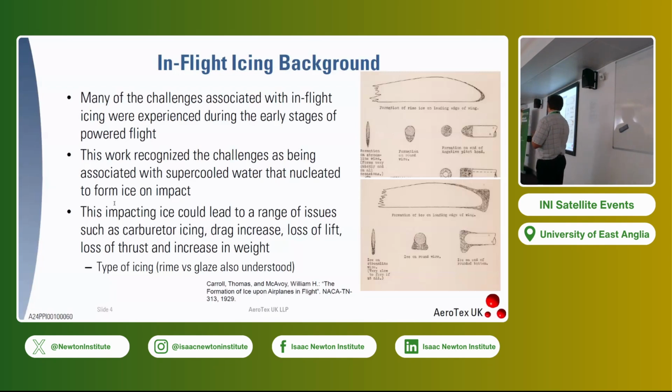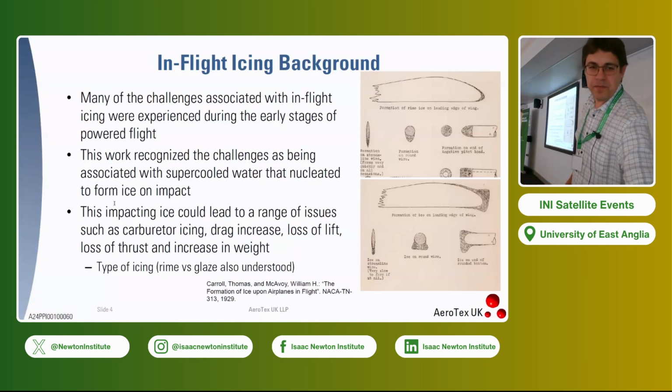There's carburetor icing, and we've got drag increase. They recognised the difference between rime ice and glaze ice. You get glaze at warm temperatures where the water doesn't freeze instantaneously, and at colder temperatures it's more conformal. So they were developing a good understanding very early on.